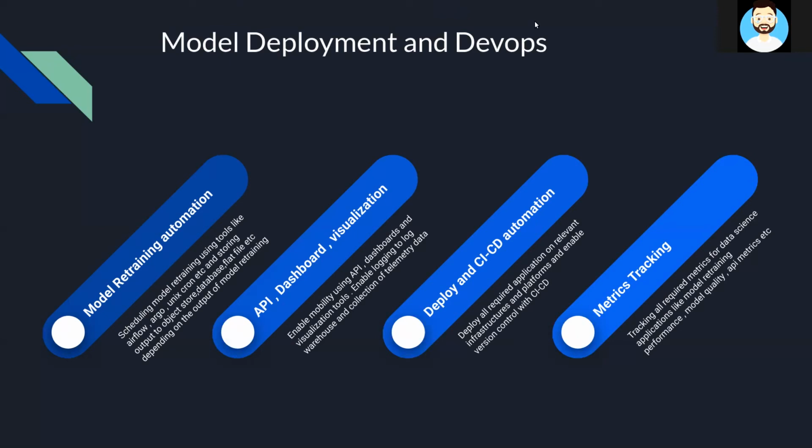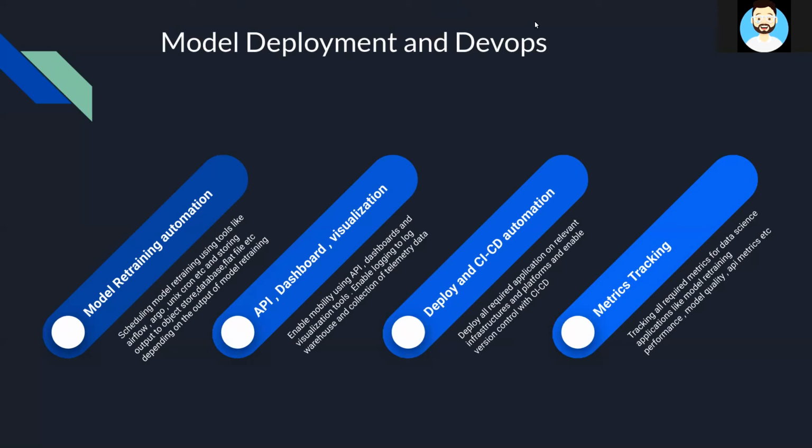The next component is metrics tracking. We need to track the necessary metrics: the CPU consumption details, memory consumption details of the model retraining, how the API is performing, and all those details. Apart from that, we need to collect how the model that is being retrained is working.